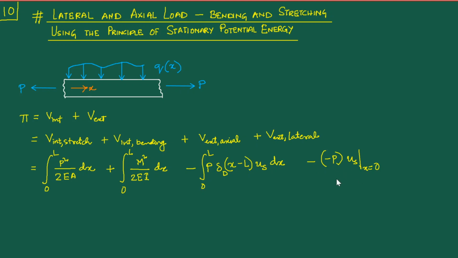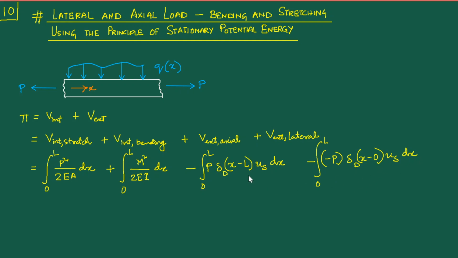Now, of course, I don't want to keep it like this. I want to make it an integration form. So all that I have to do is to write the appropriate Dirac delta operator, that is x minus 0, simply multiplied by US.